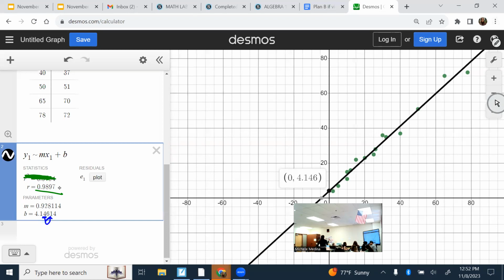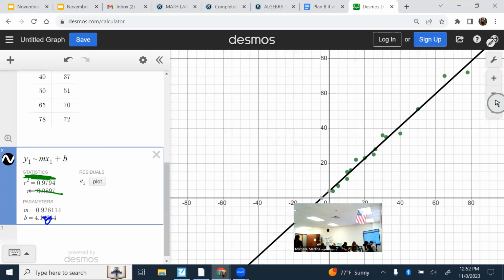Now you just need to be able to look at that little area, your statistics, and identify R as your correlation coefficient. I know it doesn't really sound like it should be an R. Don't confuse it with residuals, but that's what we call it. So that's my correlation coefficient. If I wanted to find it using technology, I just put it in my table, type this in, and it gives it to me. Questions on that?